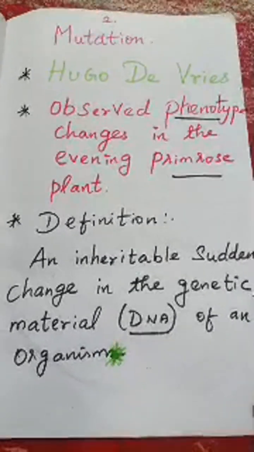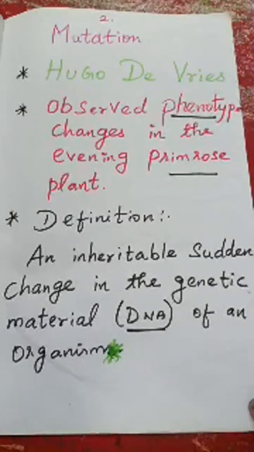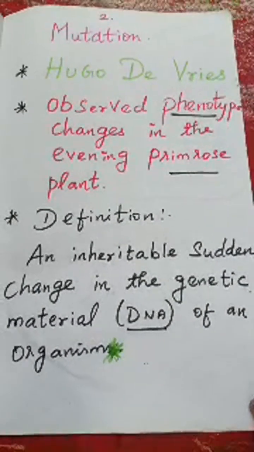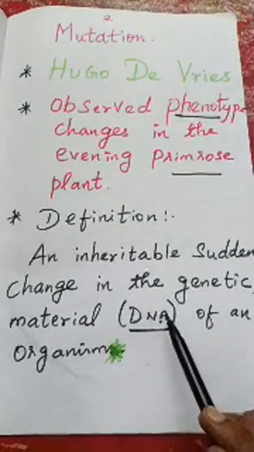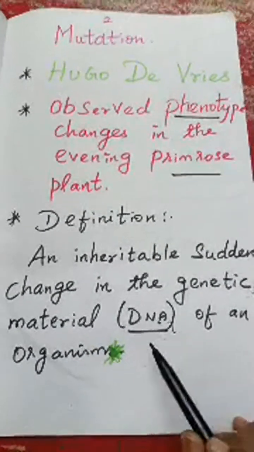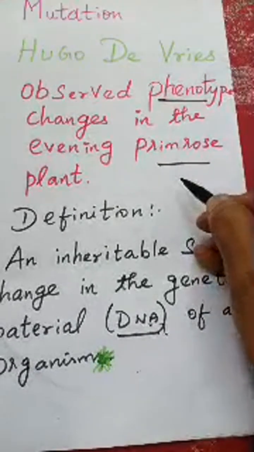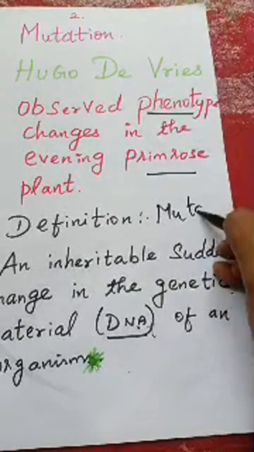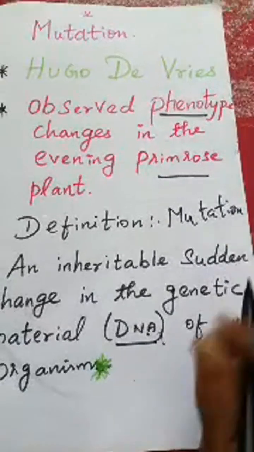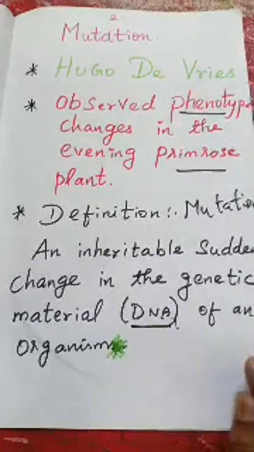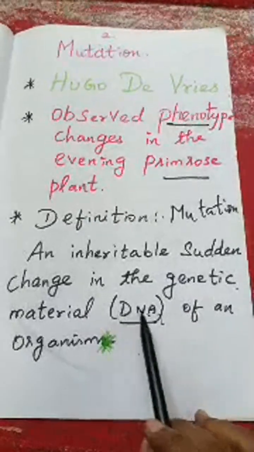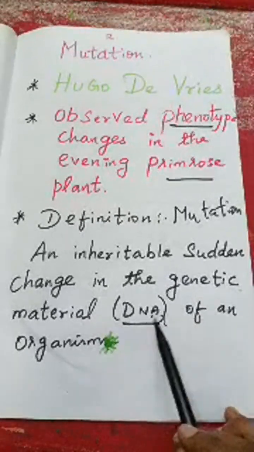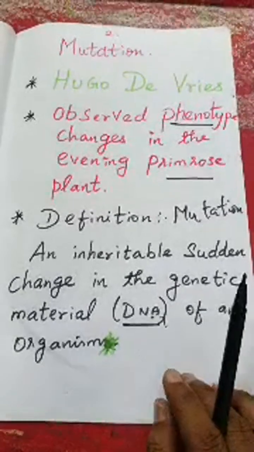This DNA, when it undergoes any changes, that is known as the mutation. Understood? So this is the definition of the mutation process. An inheritable change in the genetic material, that is the DNA of an organism, is called the mutation.